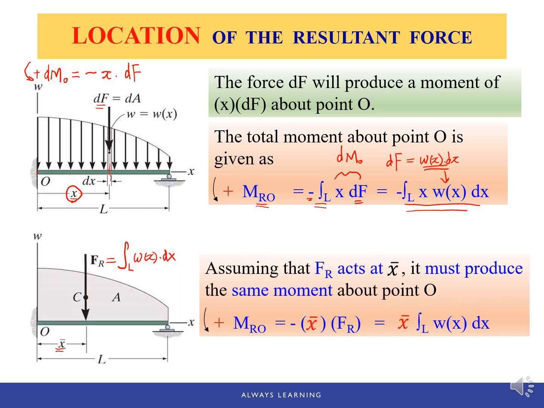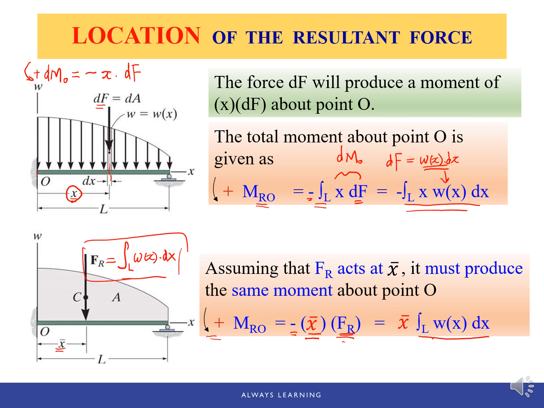So now, if the FR is located at x bar, the moment of FR about point O is negative. Again, counterclockwise rotation will be positive. It is the negative moment arm x bar times the magnitude of force FR, moment arm times force. And we replace this FR by the integral of w(x) dx, which we got earlier here.